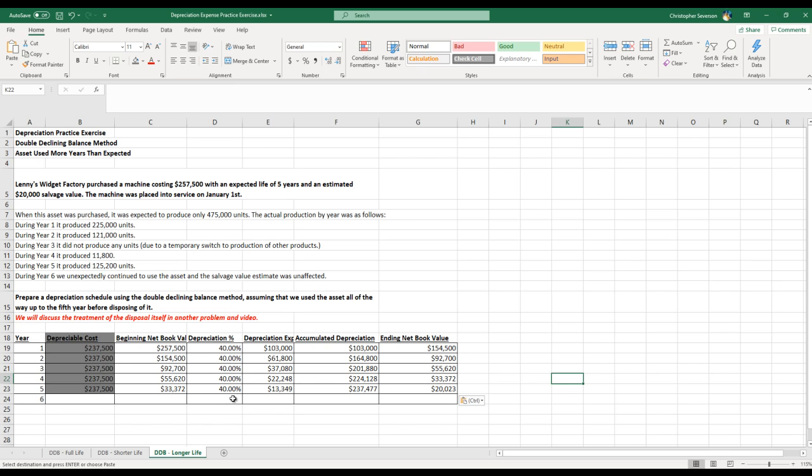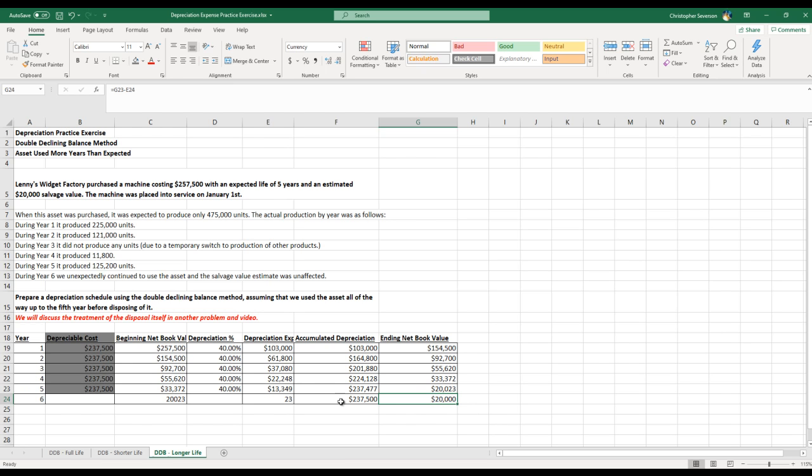So in this situation, what we end up doing is just taking that remaining $23 of depreciation expense for that year to get us down to exactly the $20,000 salvage value that we wanted to be at. So it's just $23 just to get us there, because again, at the end of the asset's life, regardless of what that life ends up being, we want to be at the salvage value.